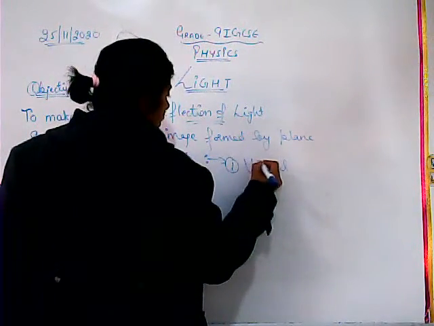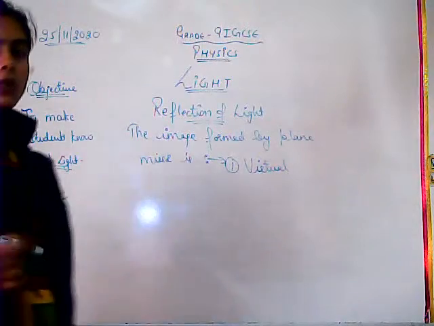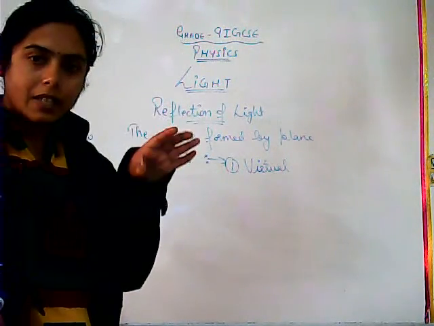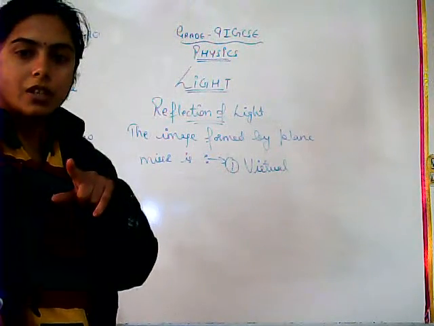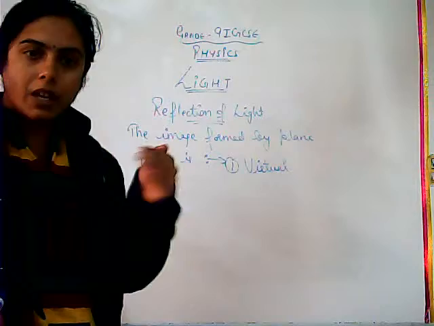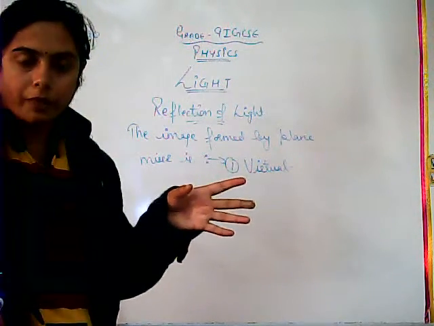You are clear with this one? The image is not because of the actual reflected rays. It is a plane mirror, one side is reflecting, one side is polished. So the ray strikes the mirror and reflects back, and image formation does not happen from that.